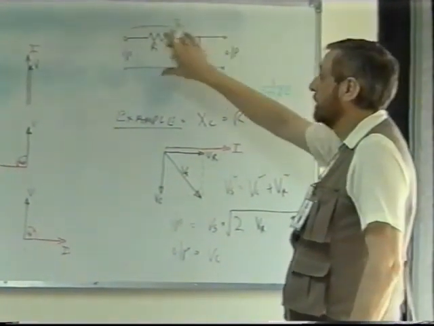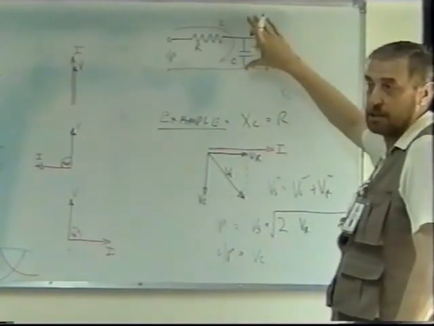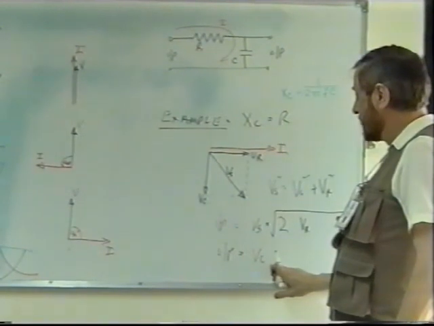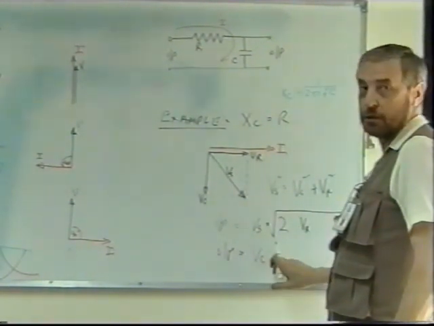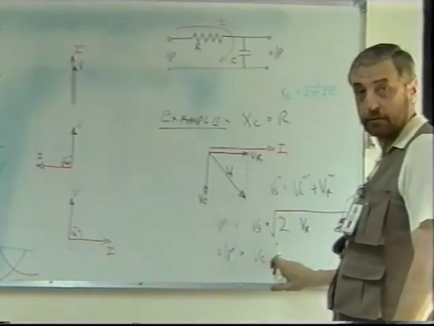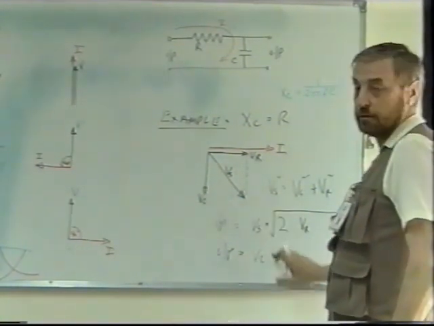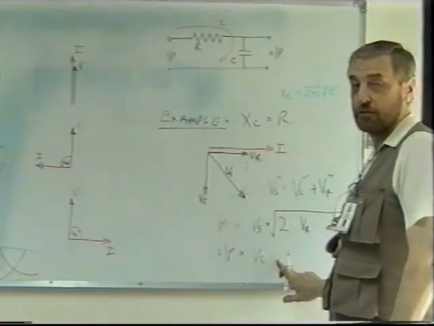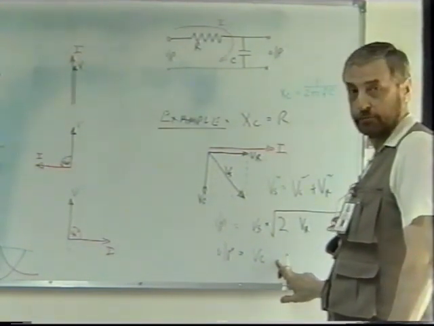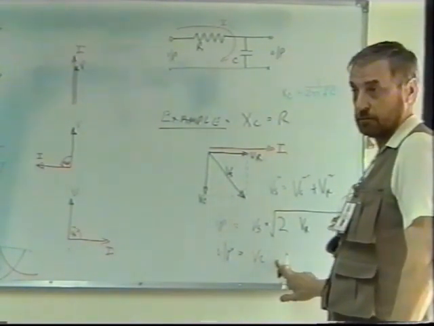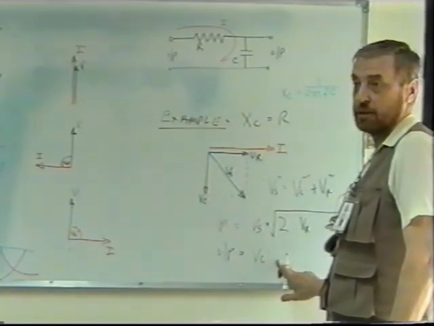It doesn't matter which you take, as they're both equal, but in this case, because it's a low-pass filter, I'm taking the voltage across the capacitor. If you take the ratio of these two, it'll give you output over input, and you end up with root 2 as the output voltage over input voltage.